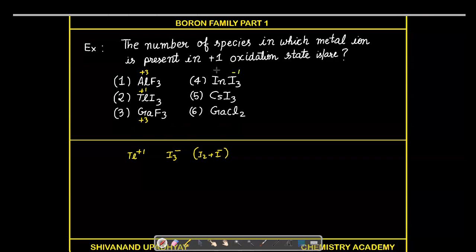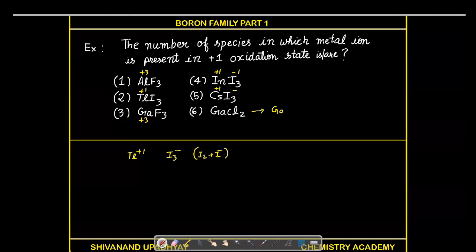So this indium is present in +1 oxidation state, and there is proof that gallium, indium, and thallium can exist in +1 oxidation state. CsI3, same way, cesium is an alkali metal. It always exists in +1 oxidation state, and this is I3 minus ion. And when we are discussing this GaCl2, we can say that apparently it looks like this.